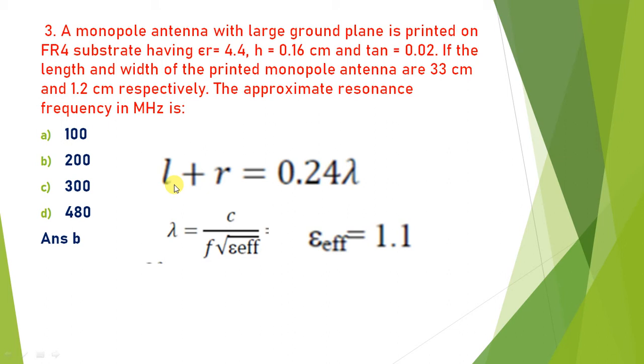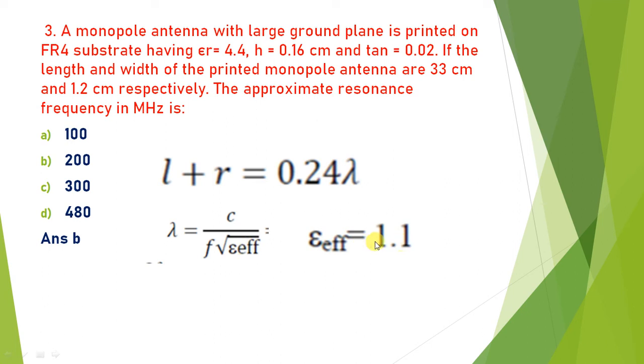The length is given as 33 centimeter, and width is given as 1.2 centimeter, so take radius equal to width, R equal to 1.2 centimeter. Put the values and find the value of F. If you solve, you will get F equal to 200 megahertz. Simply put the values of length and width in the lambda equation.